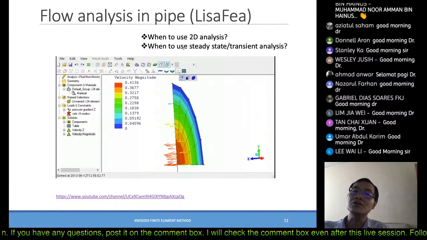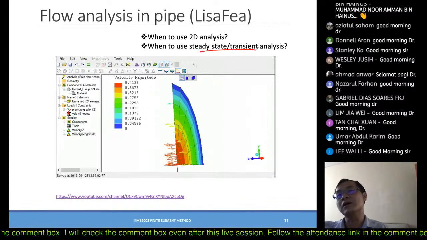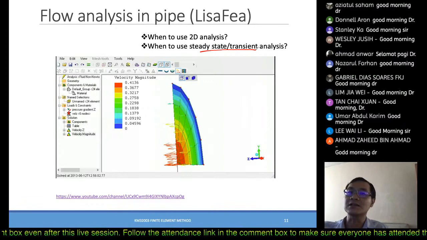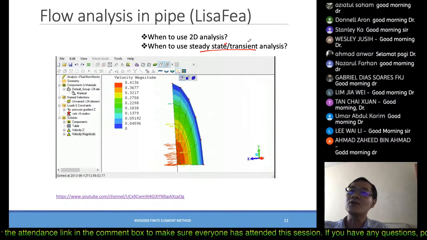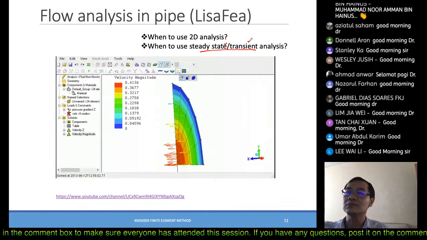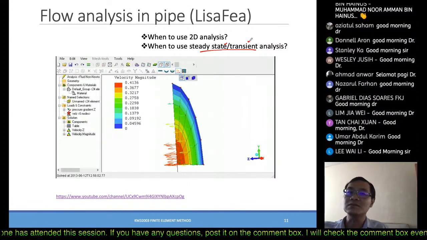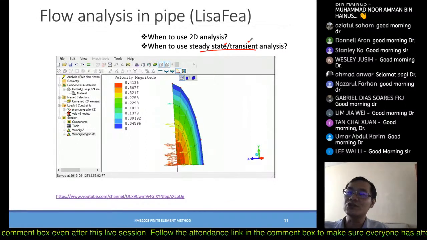Then also in the flow analysis, we may have a steady state or a transient analysis. It's very important to identify when to use steady state and when to use transient. Transient involves changes, maybe in the heat sink, the sink or the source itself, during the flow.